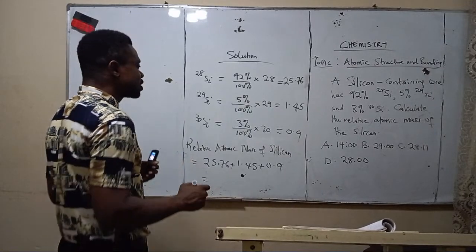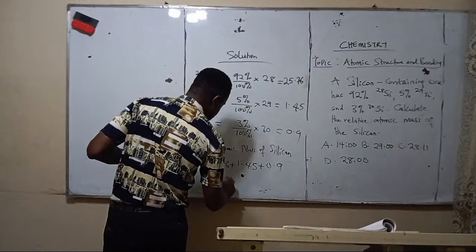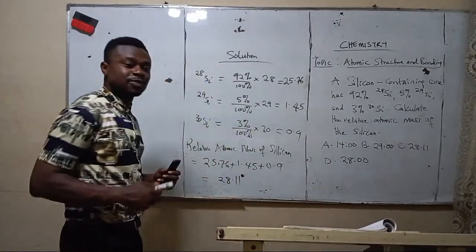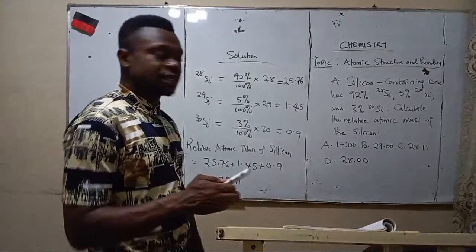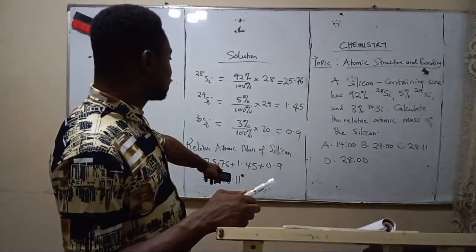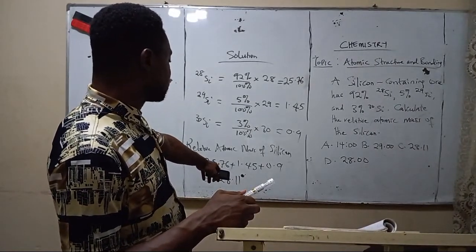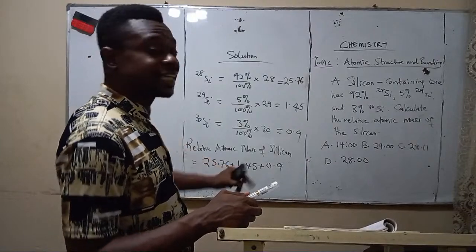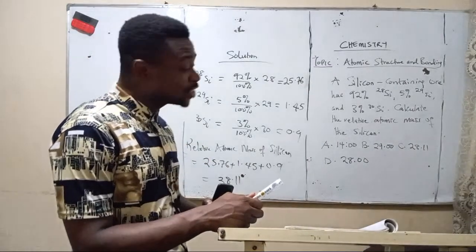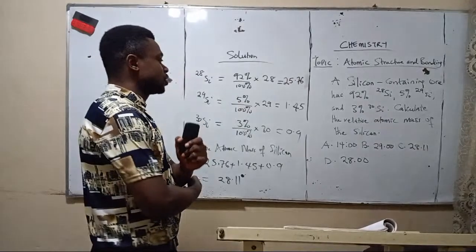The answer is 28.11. As you can see, the relative atomic mass of silicon is 28.11. It's not a whole number.